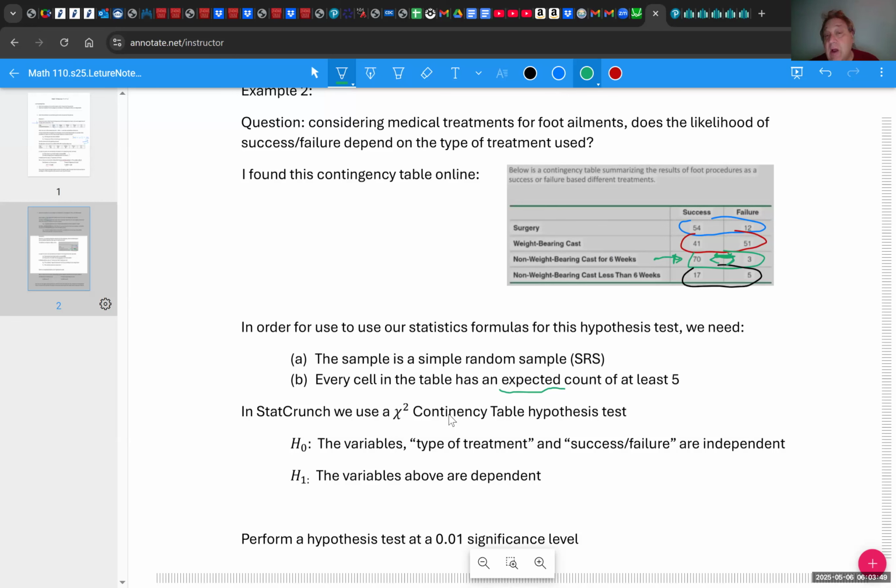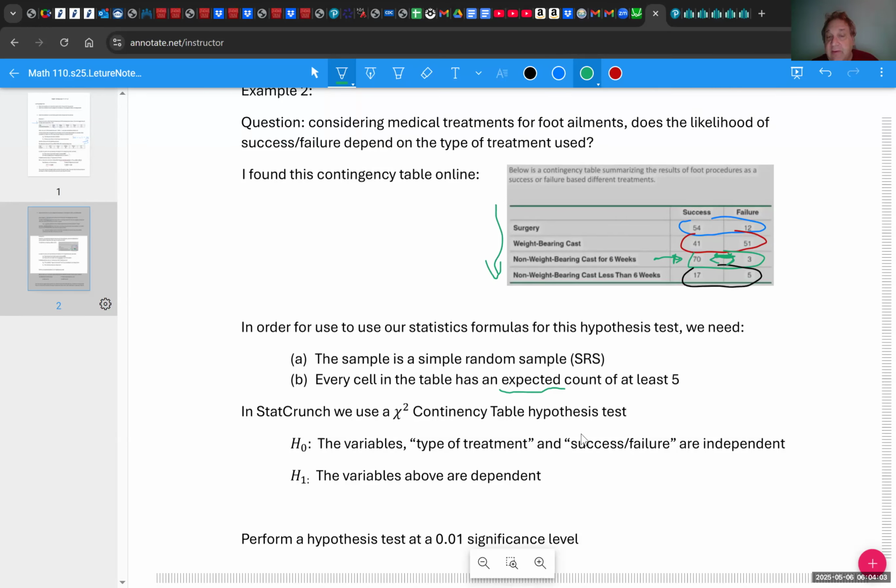We do have the null hypothesis, the variables: type of treatment, which is the vertical variable. These are the different types of treatments vertically. And the other variable is success or failure, which are the horizontal ones.